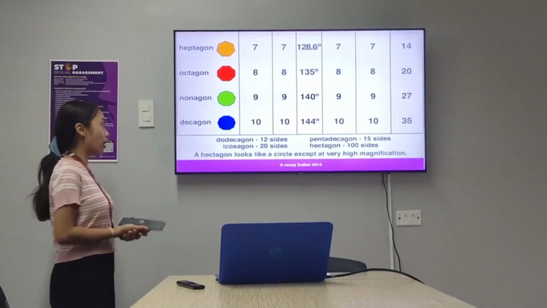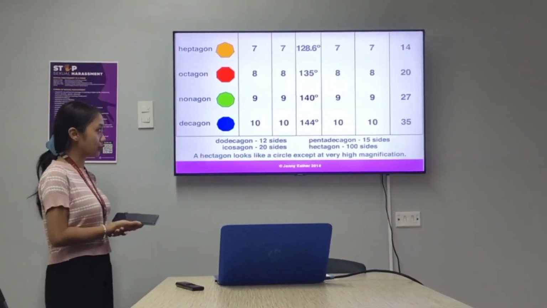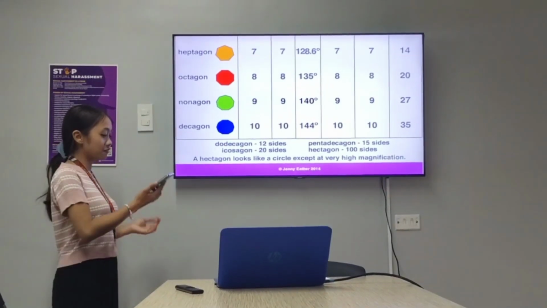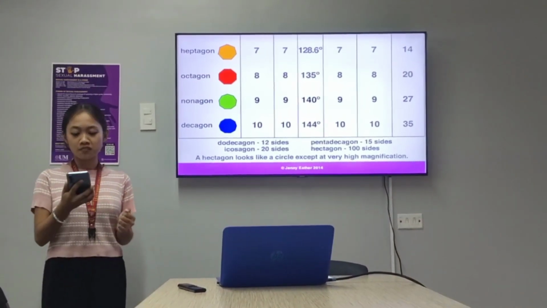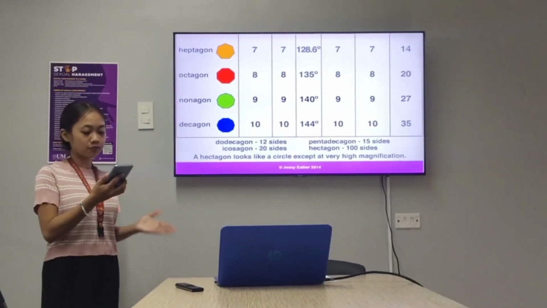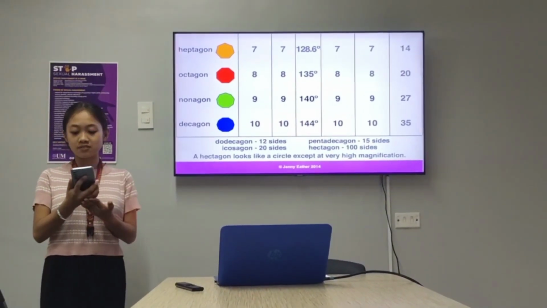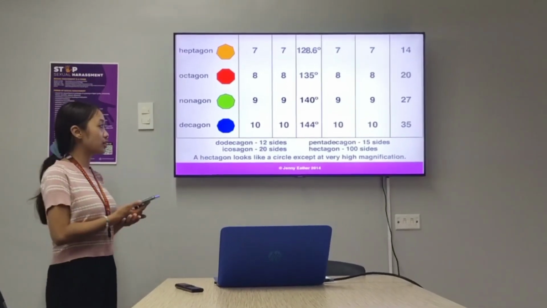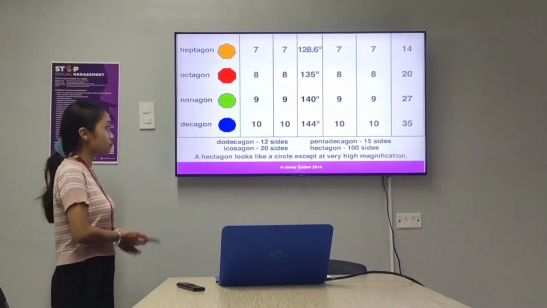The next one is the nonagon, which consists of 9 sides and vertices, 9 angles, 140-degree interior angles, 9 lines of symmetry, 9 rotational symmetry, and 27 diagonals. And the last one for this chart is the decagon. The decagon consists of 10 sides and vertices, 10 angles, 144-degree interior angles, 10 lines of symmetry, 10 rotational symmetry, and 35 diagonals.